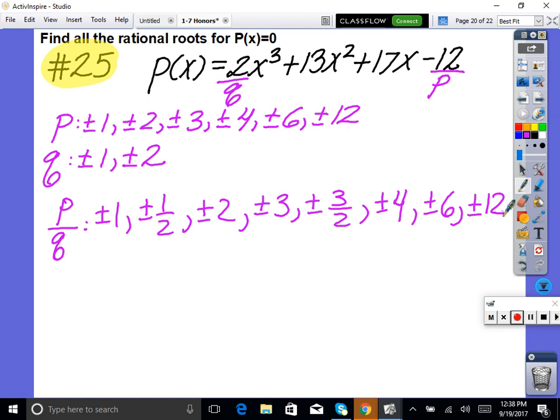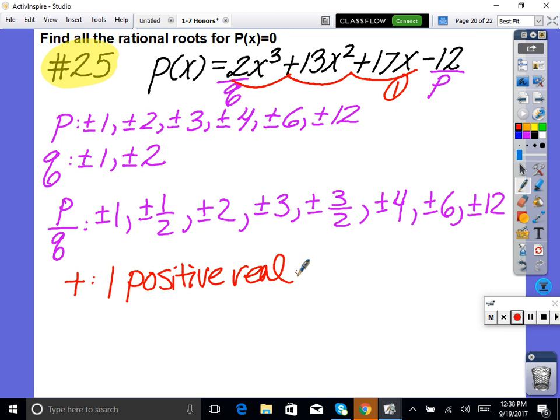That's quite a few. Now let's use Descartes' Rule of Signs to see if it's positive or negative that we should test first, is what I mean by that. So positive to positive. Nope. Positive to positive, no. Positive to negative, 1. There is 1 positive real root. Okay, cool. Let's test negative.